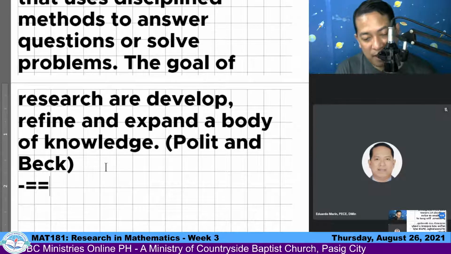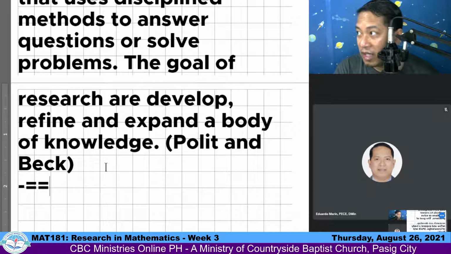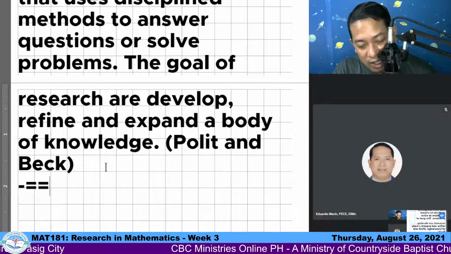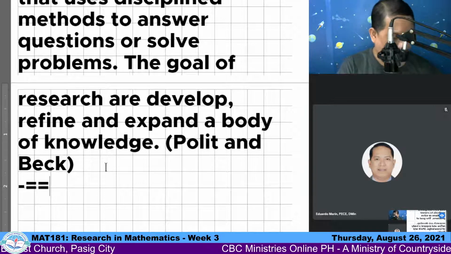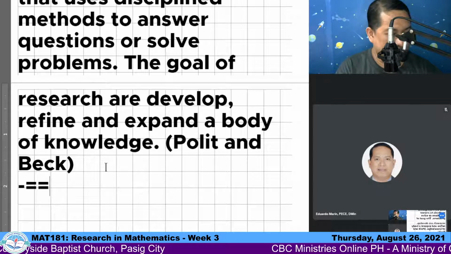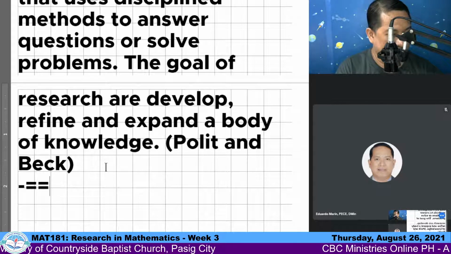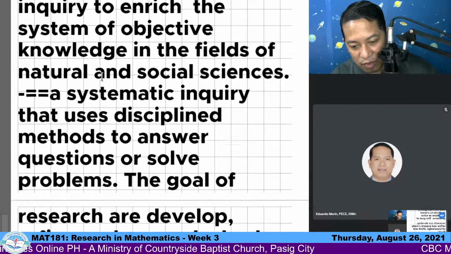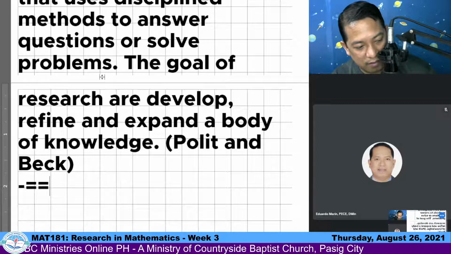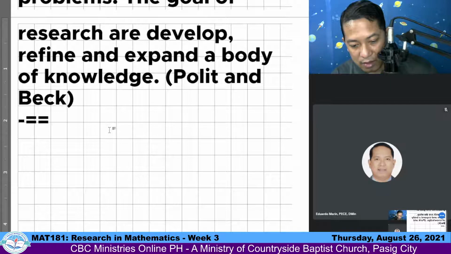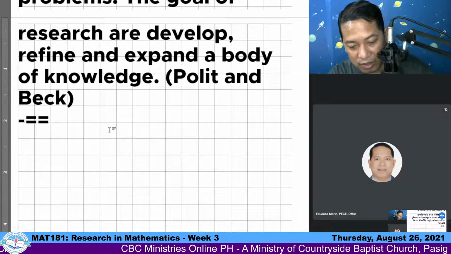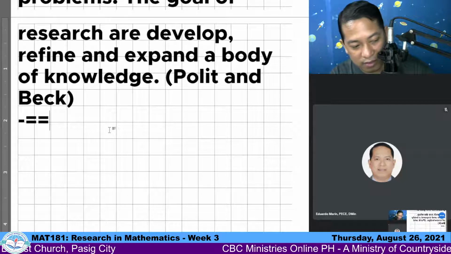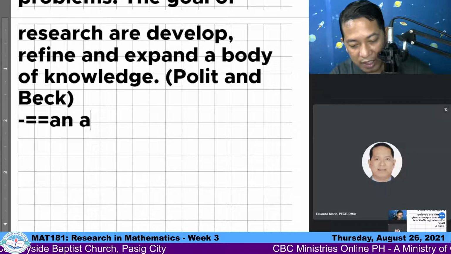These are scientific methods, systematic methods that we are utilizing in our research. Another definition that I would like to quote here. So, as we involve in this educative process, research is an academic understanding.